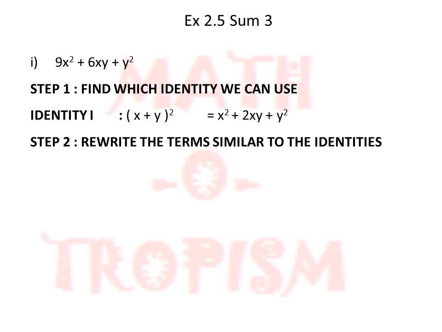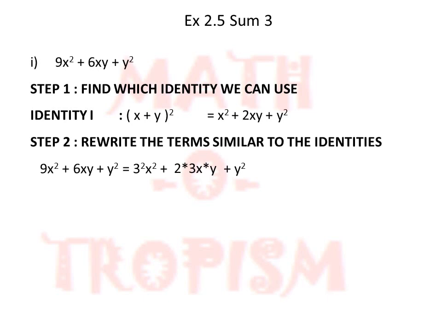Next, I need to rewrite the terms similar to the identity. When I take 9x square plus 6xy plus y square, first I need to take the first and the last terms and convert them into whole squares. 9x square can be written as 3 square x square, that is 3x the whole square, and y square can be written as y whole square. The middle term, according to the identity, is 2 into x into y. So let me split and see: 2 into, now my x has become 3x, right?